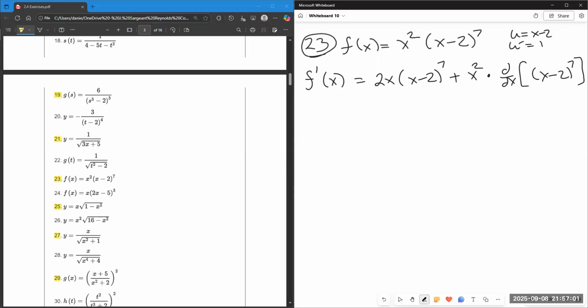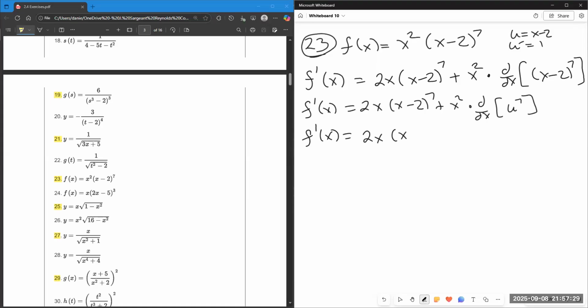So I'm going to write this: f prime of x is 2x times x minus 2 to the 7th plus x squared times the derivative with respect to x of u to the 7th. So I've done a u substitution there. I'm going to use my general power rule with my chain rule. f prime of x is 2x times x minus 2 to the 7th plus x squared times 7u to the 6th times u prime.